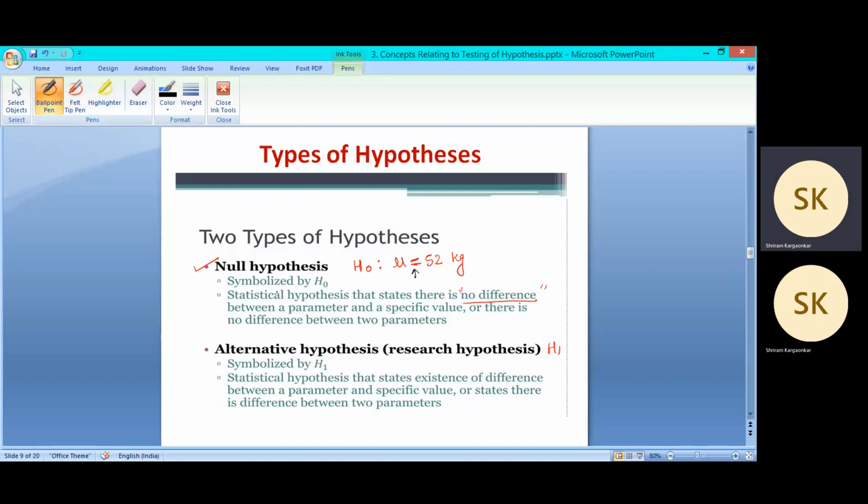Whereas the alternative hypothesis is any hypothesis against the null hypothesis. It is denoted by H1. Take the same example. The null hypothesis says it is equal to 52.